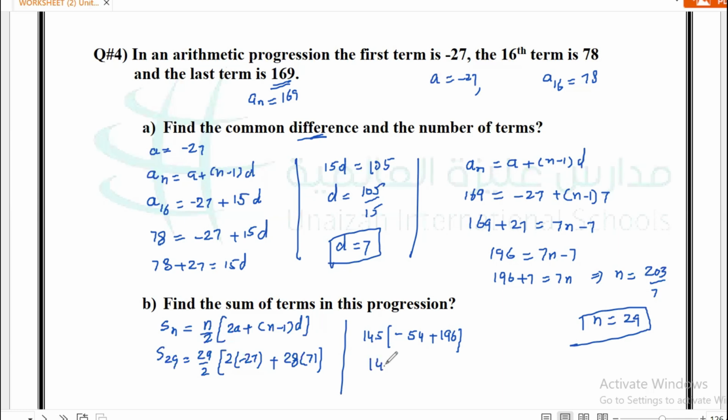So we have 14.5 into 142. So S29 is equal to 2059, that is the answer. I hope it is clear.